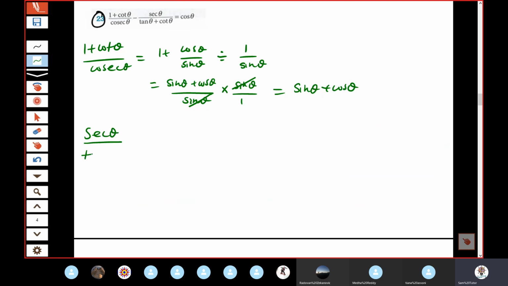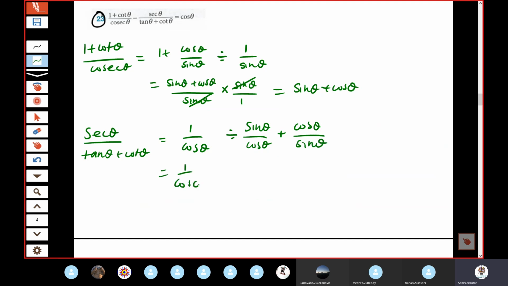Next one, sec theta on tan plus cot equals 1 on cos for sec, divided by tan plus cot. 1 on cos, divide, common denominator, sine squared plus cos squared on sine cos. 1 on cos, multiply and flip.